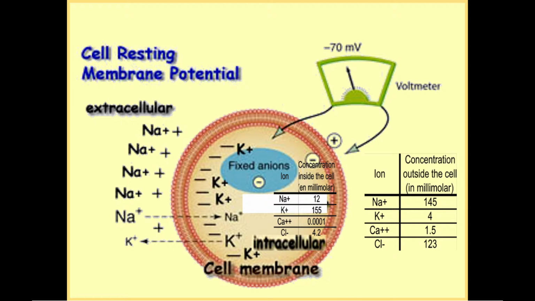So, in a non-changing condition, this property is maintained, and this is termed the steady state equilibrium of the cell, in particular of the nerve cell.